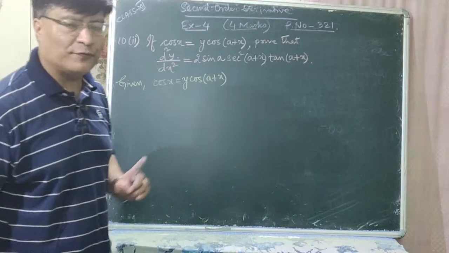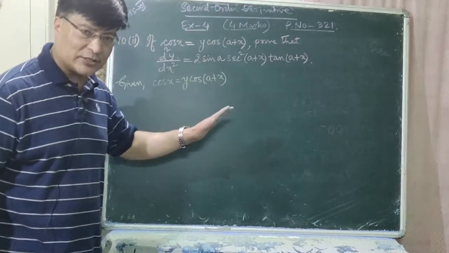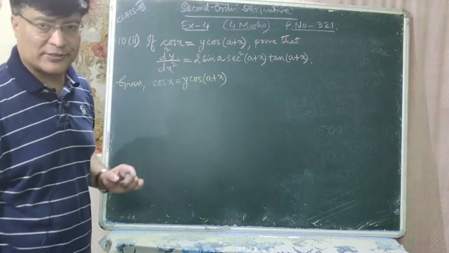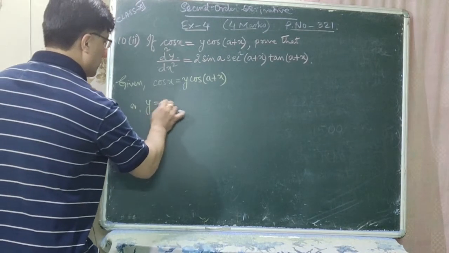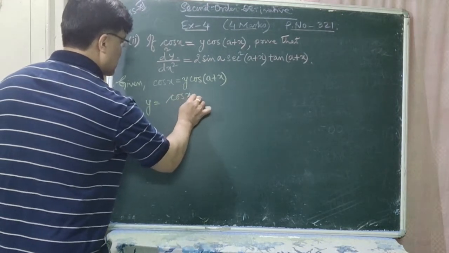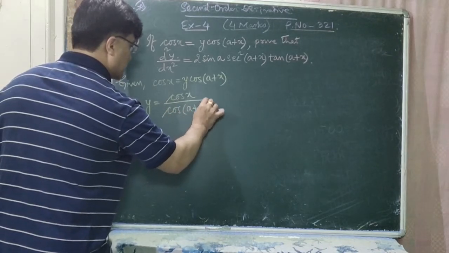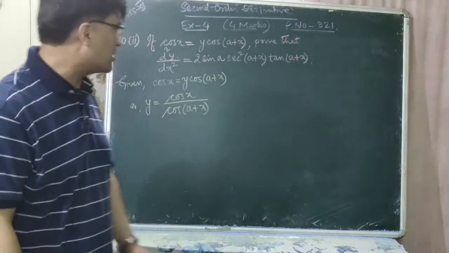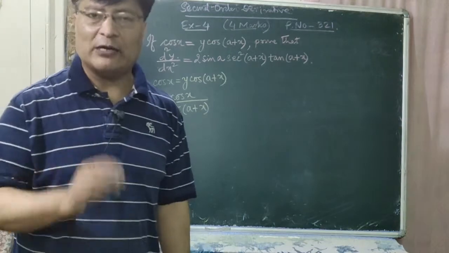In order to prove the value for d2y by dx square in terms of x, you have to get the value for y in terms of x. Is that clear? So what is the value for y here? This is cos x divided by cos of (a plus x). So we have got the value for y, which is equal to cos x divided by cos of (a plus x). Now let us find out dy by dx.